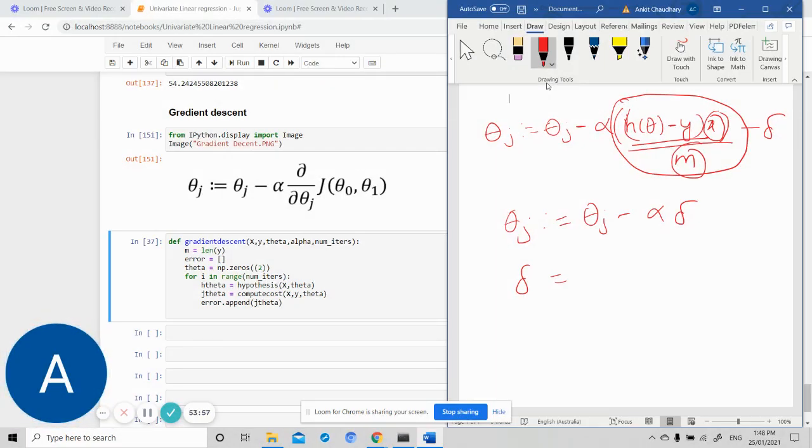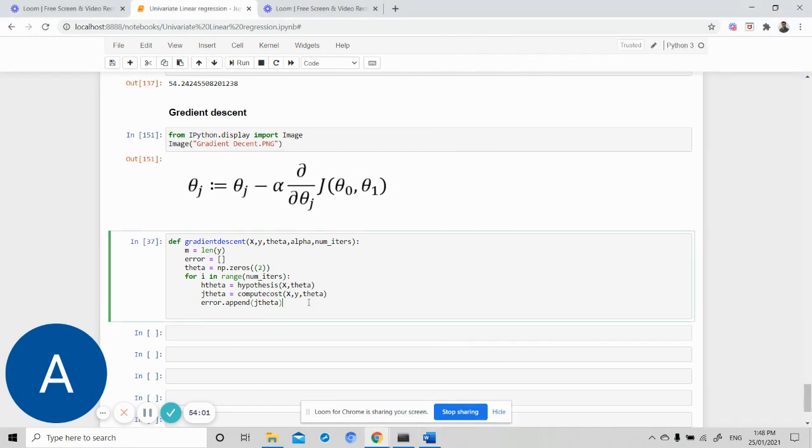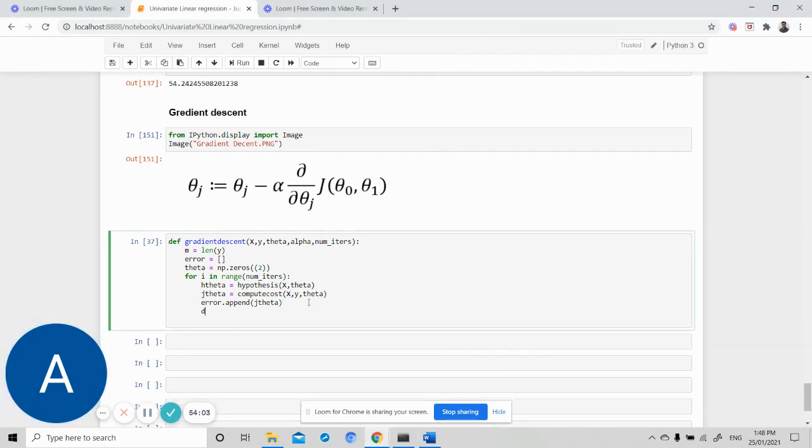Okay, so my delta will be np dot of theta minus y, then comma x.